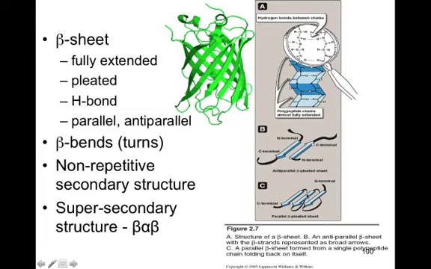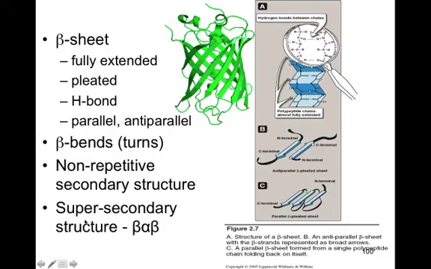So you'll see that these beta turns are allowing the sheets to fold right next to each other instead of just extending in one long direction. So you'll have these turns and loops connecting two alpha helices or two beta sheets. They are called non-repetitive secondary structures because they don't repeat as regularly as your alpha helices and beta sheets.